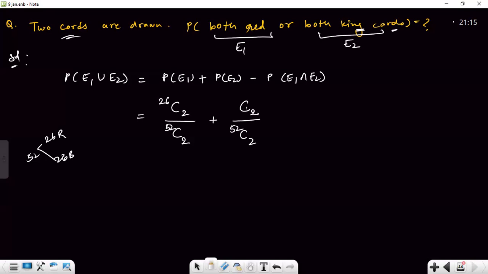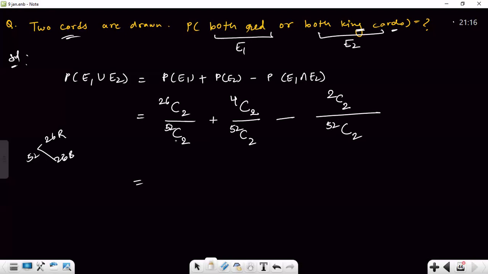We have to withdraw two king cards out of four kings, so in 4C2 ways we'll be able to withdraw two cards that are kings, minus when both the cards are king and red. How many red kings are there? Two, right? So we'll select two cards out of two. And of course, the total number of ways of withdrawing two cards is 52C2 only.